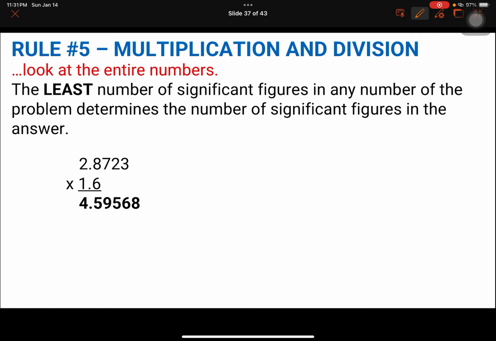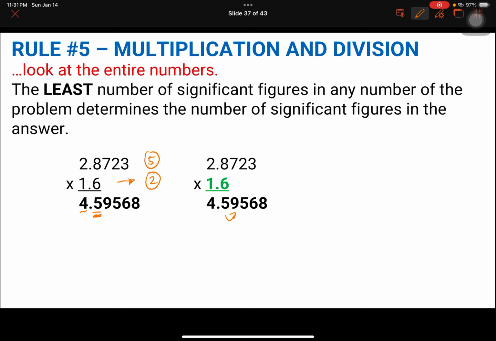So, in this part, meron tayong 5 significant figures. Dito naman, meron tayong 2 significant figures. Therefore, our answer should have at least 2 significant figures. Ibig sabihin, 1, 2. Hanggang dito lang sa part na to yung magiging sagot dapat natin. O ibig sabihin, isa lang ang decimal natin.